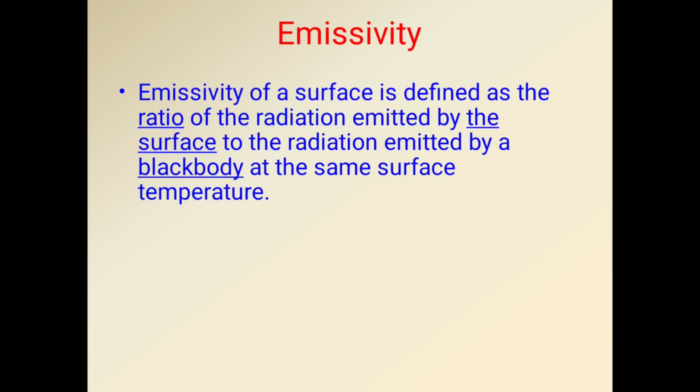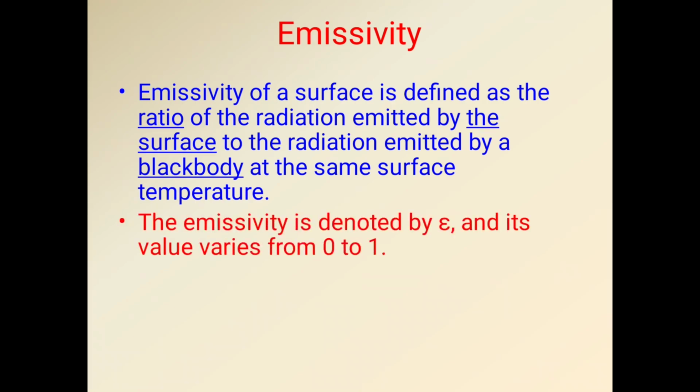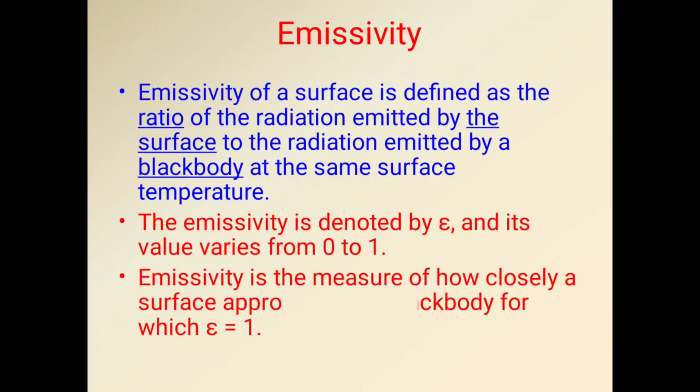Emissivity. The emissivity of a surface is defined as the ratio of radiation emitted by the surface to the radiation emitted by a black body at the same surface temperature. The emissivity is denoted by epsilon. Its value varies from 0 to 1.